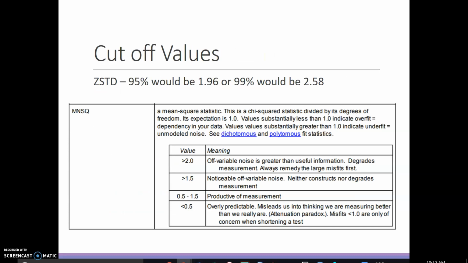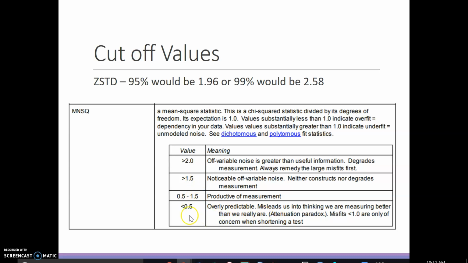So again, our cutoffs are going to be the same. With the standardized, we can use 1.96, or really, I'm going to go up to 99% confidence, and that would be 2.58. A lot of times, I'm just going to round this up to 3. For mean square, this is pulled from the Winsteps manual, and again, 0.5 to 1.5 is productive for measurement.